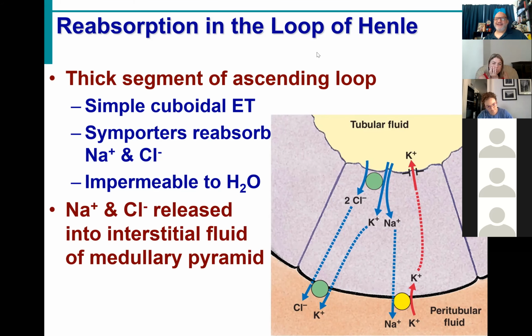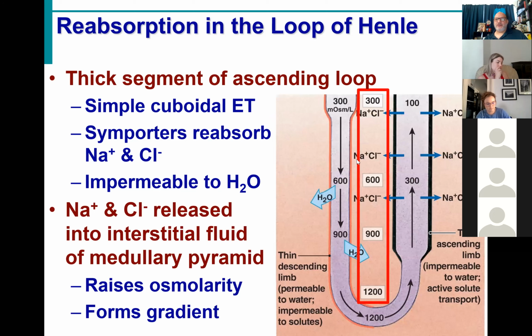And remember, it's not evenly distributed either. We actually have an osmolarity gradient that is set up in the medullary pyramid, where it starts up here at 300 and can be as much as 4 times as high, 1200 milliosmoles, at the depth of the pyramid. I think I've got the picture right here. Yeah, here we go.